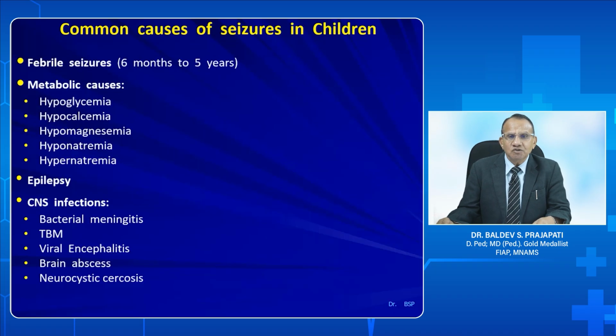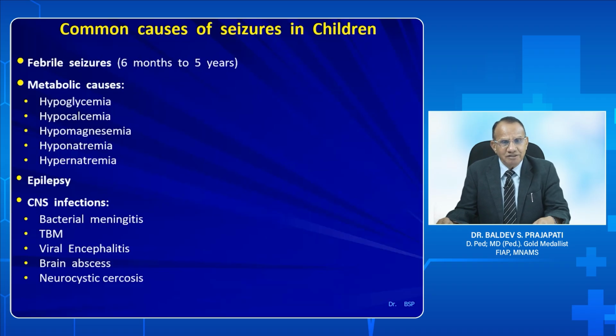Then common causes of seizures in children beyond the age of neonates. Please remember febrile seizure is the most common from 6 months to 5 years. Other causes may be metabolic like hypoglycemia, hypocalcemia, hypomagnesemia, hyponatremia, and even hypernatremia.